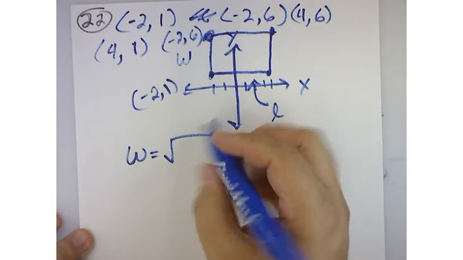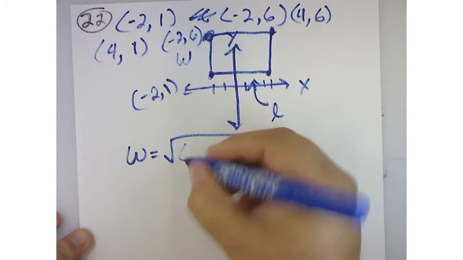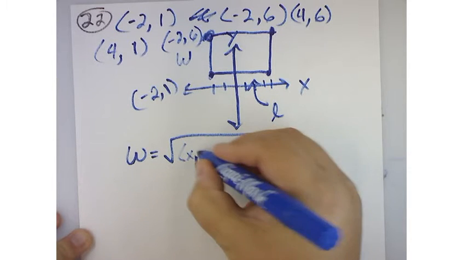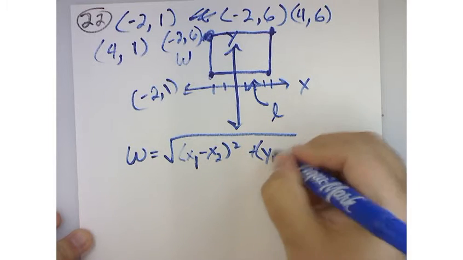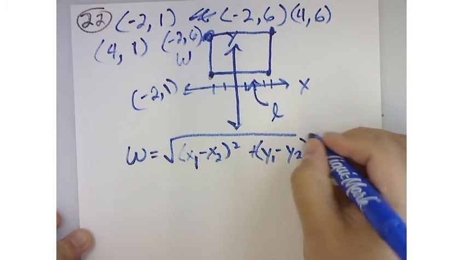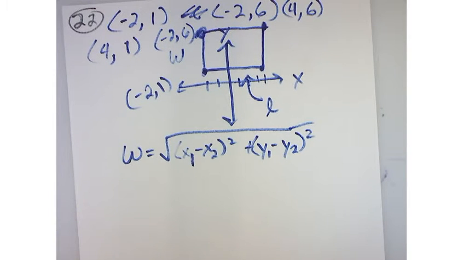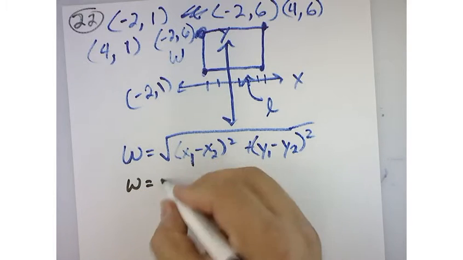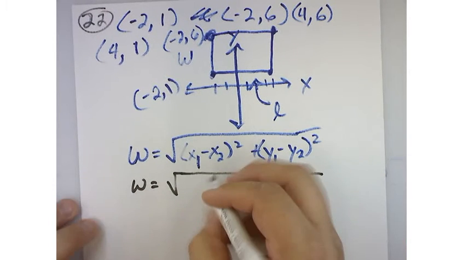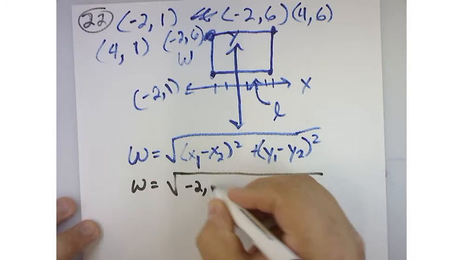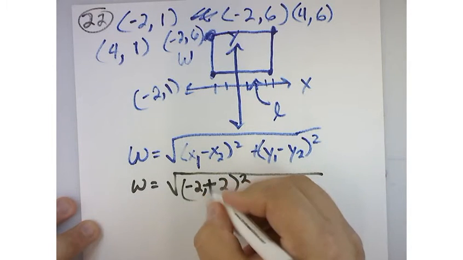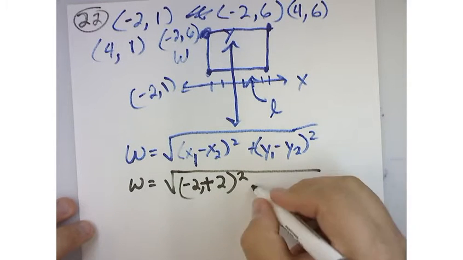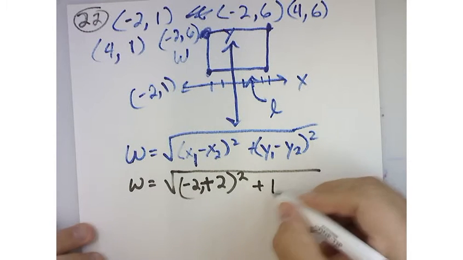But if I were to do this in the distance formula, which is the square root of x1 minus x2 squared plus y1 minus y2 squared, if I were to plug all that into that formula, I would get something like this. W is equal to the square root of -2 minus -2, but it's really minus minus, so it'd be +2, plus 1 minus 6.